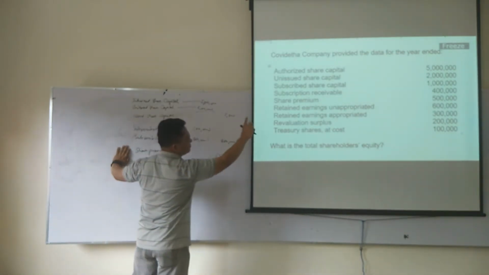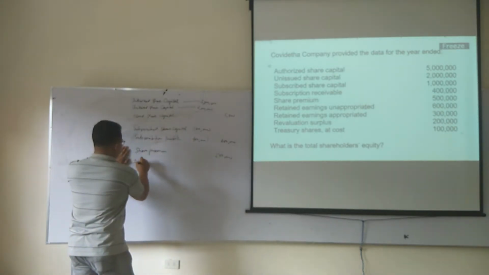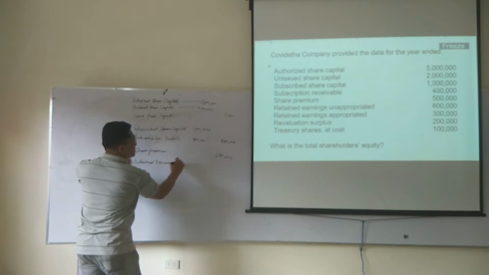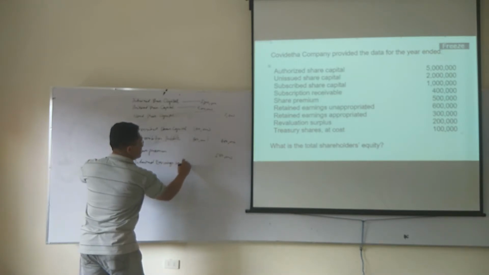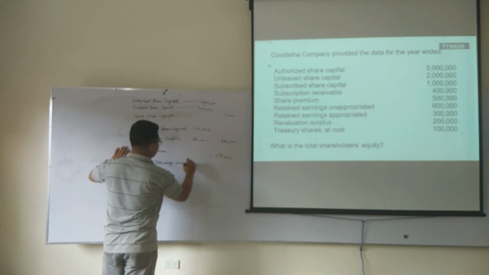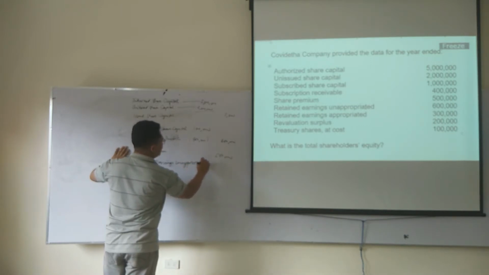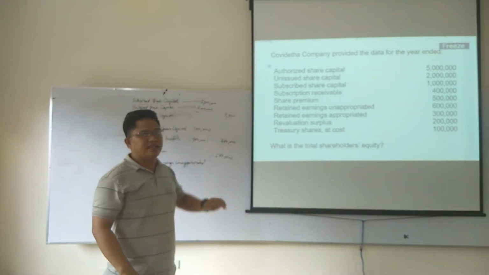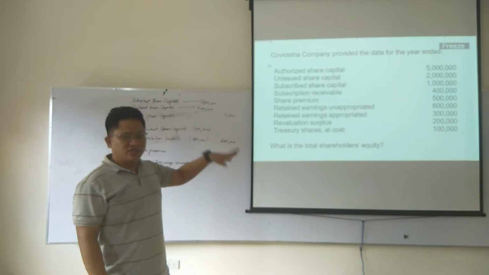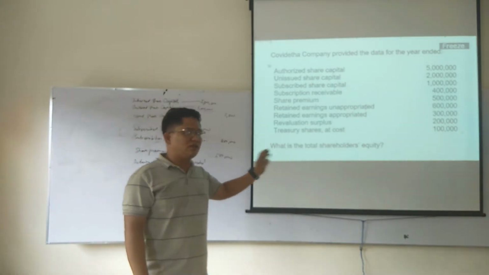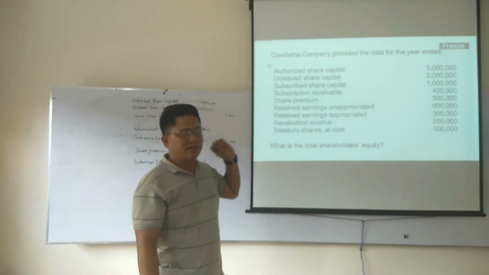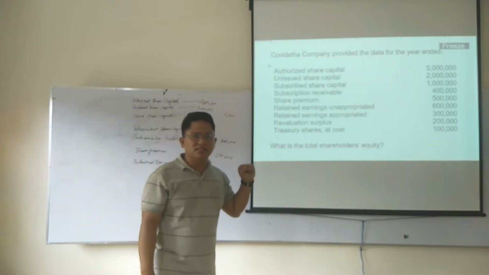Then you have your retained earnings unappropriated. These are retained earnings not specifically designated, for example, for treasury stock acquisitions or plant expansions. Unappropriated means this is available for distribution to stockholders as dividends.